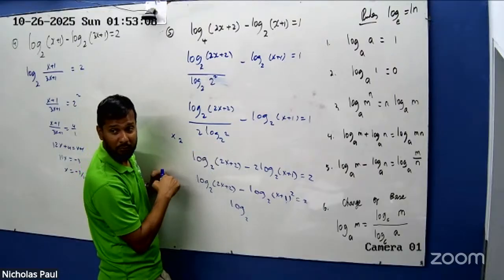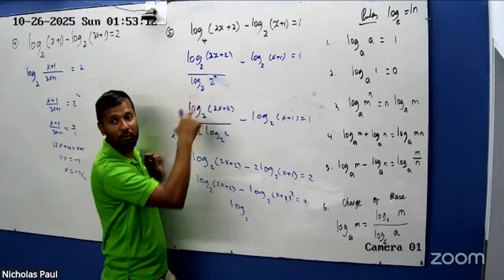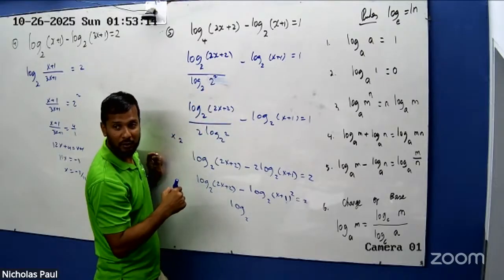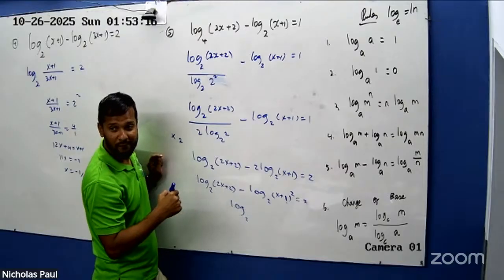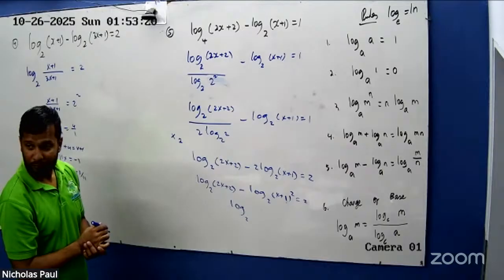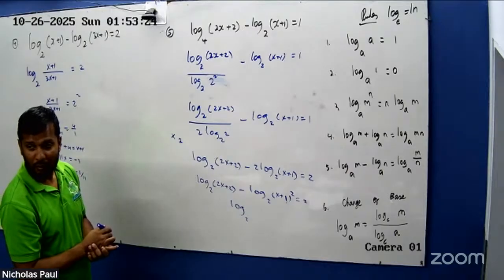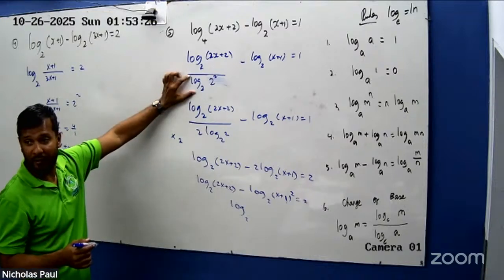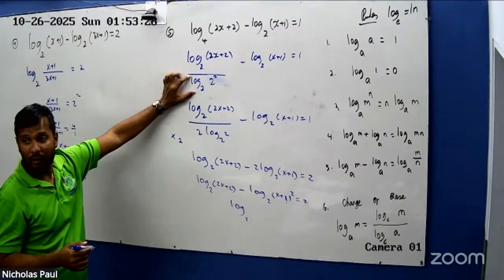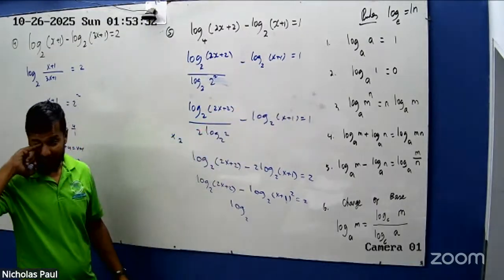I made it harder. Okay, so what you did here with log 2, 4. Yeah, you had log 4 here. This whole thing is log 4.